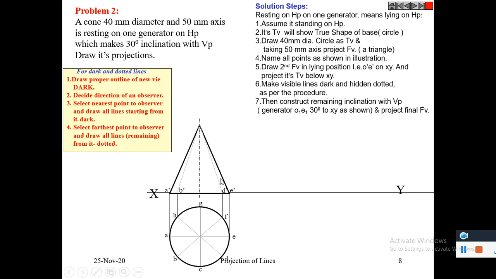Here only 2 generators can be drawn, or if it is divided into 12 equal divisions, we get 2 generators here and 2 here. So that is the more simple method, to divide it into 12 equal parts. We get a clear-cut image.